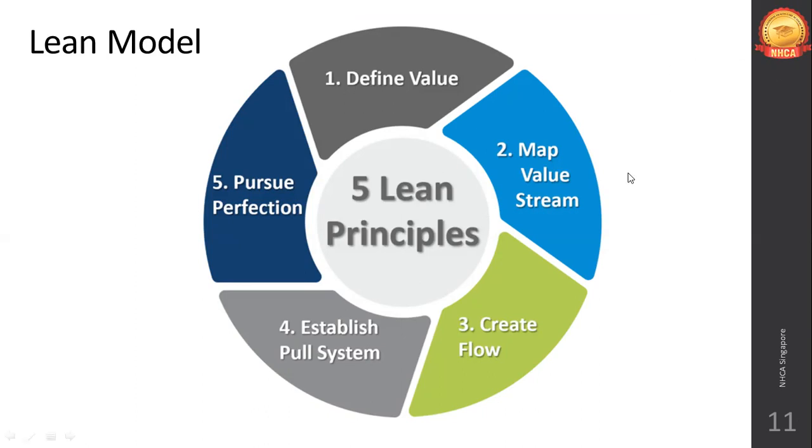Then map the value stream, which means put a cost, a budget, a quantitative numerical value to every step in the process. It could be the admission process, discharge process. Step by step, each step will have a value to it, how much value it is adding to the patient. So put that numerical value to it.